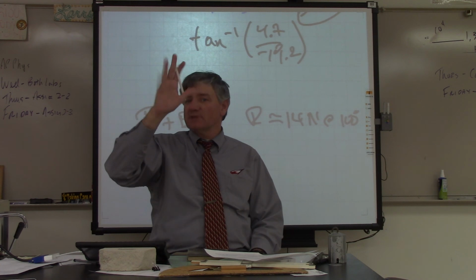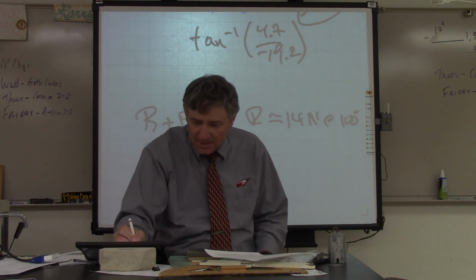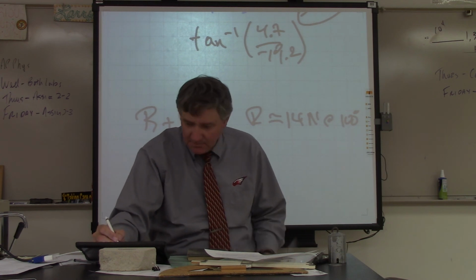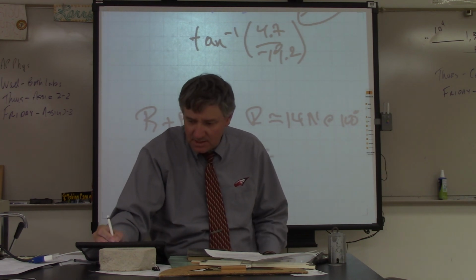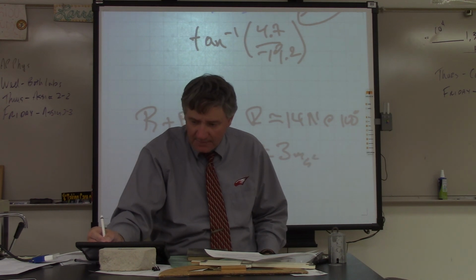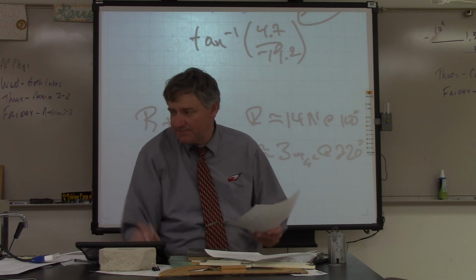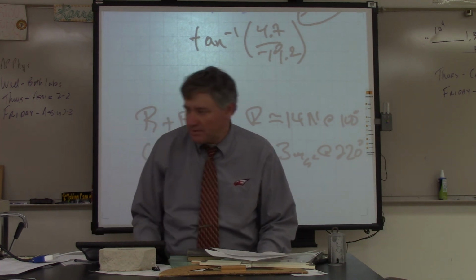That's an ish, but it at least gives you the ballpark. And when you do c plus f, that resultant is going to be around 3 meters per second squared, at about 220 degrees. Those are just ballparks.